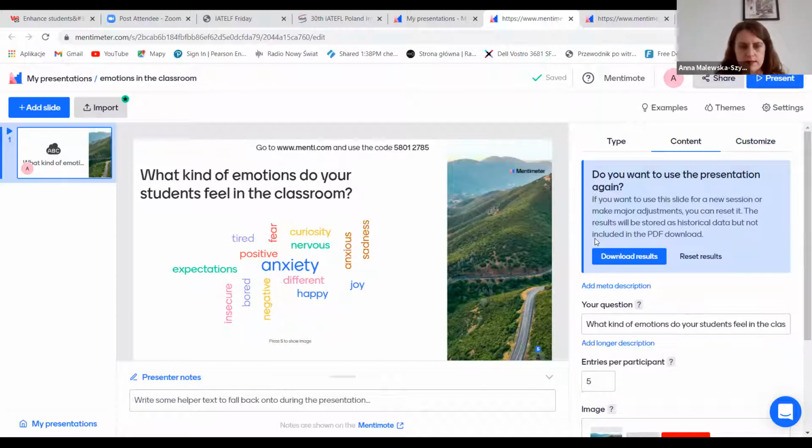What we can see here, they can be tired, they can feel fear, nervous, anxious, sadness, some negative feelings, insecure and bored. So the majority of them are actually negative, but of course, I hope you can see this screen. You can see the result of your suggestions. Okay, let's go back to my presentation.